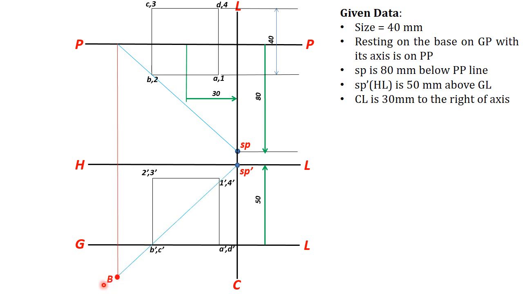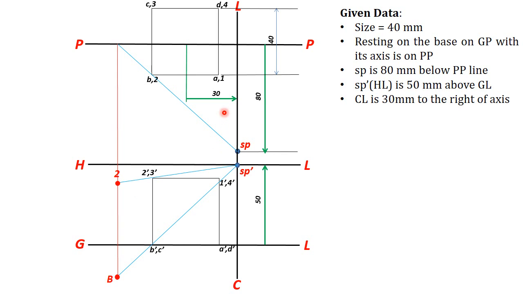You will get the point B. To get the point 2, draw the front view visual ray through 2 dash and extend it up to this projector line. You will get the perspective point 2.